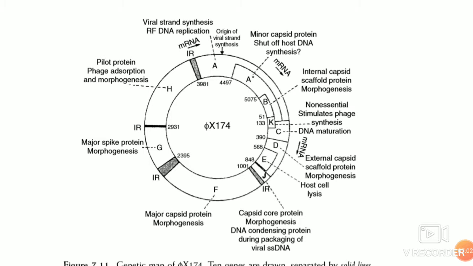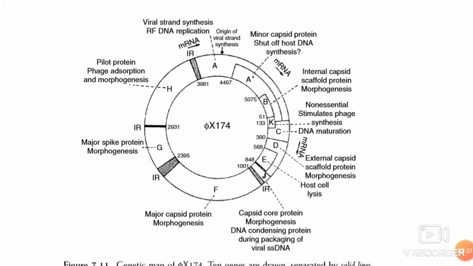That means once the single-stranded DNA is formed, it has to be coated with some protein so that it is stabilized in the cytoplasm. That is achieved by the C gene product. The D gene codes for the external capsid scaffold protein, and the E gene, which is completely embedded in the D gene, helps in host cell lysis.